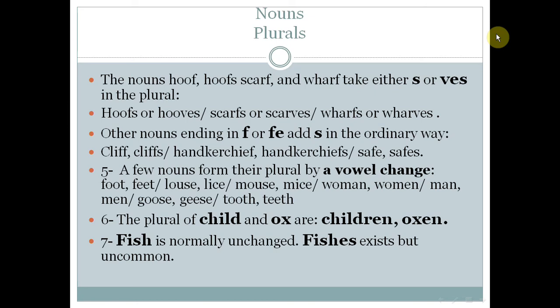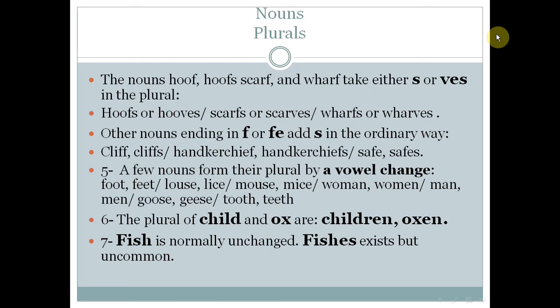So there are nouns ending in F or FE whose plural form is formed by adding S only, not VES, like cliff, cliffs, handkerchief, handkerchiefs, safe, safes.